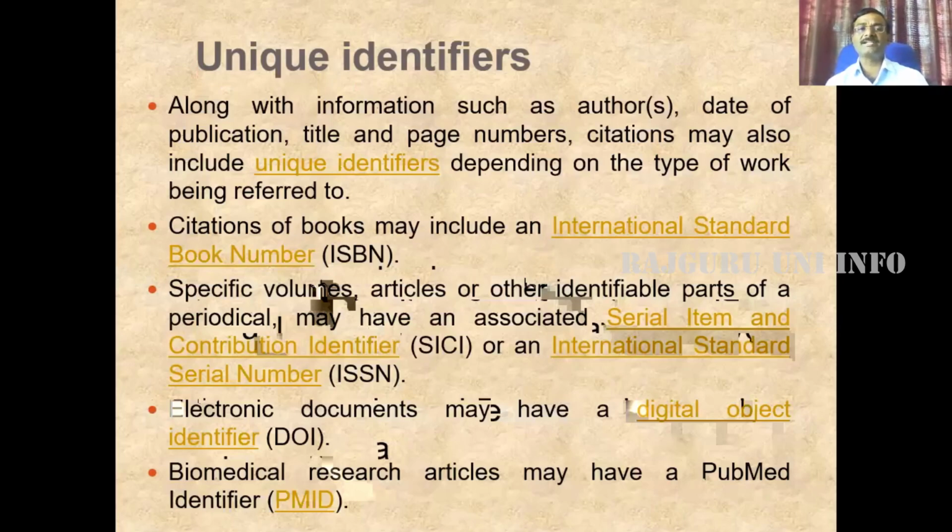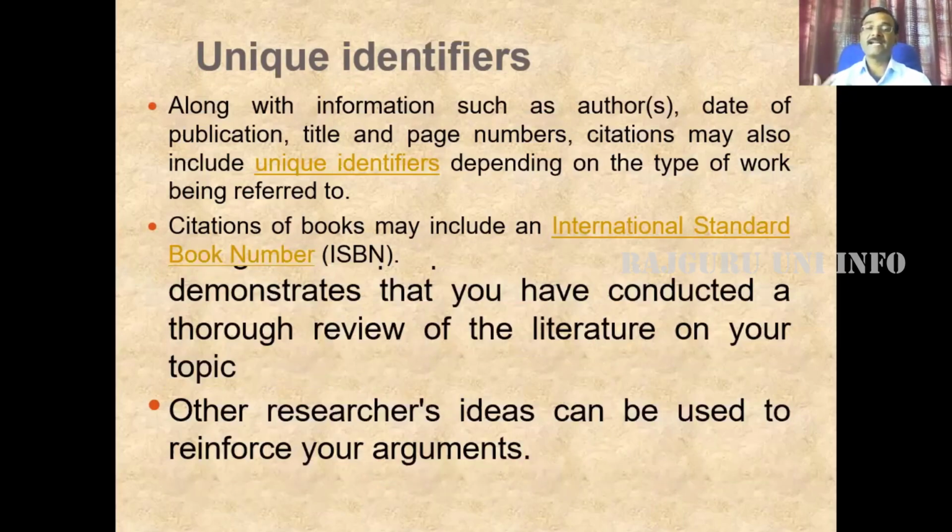When we are concentrating on the significance or importance of citations, we should also understand some of the methods or types of citations. To go with the types or methods of citations, we should understand the unique identifiers, because while citing, we use information such as author's name, date of publication, title, and page numbers.